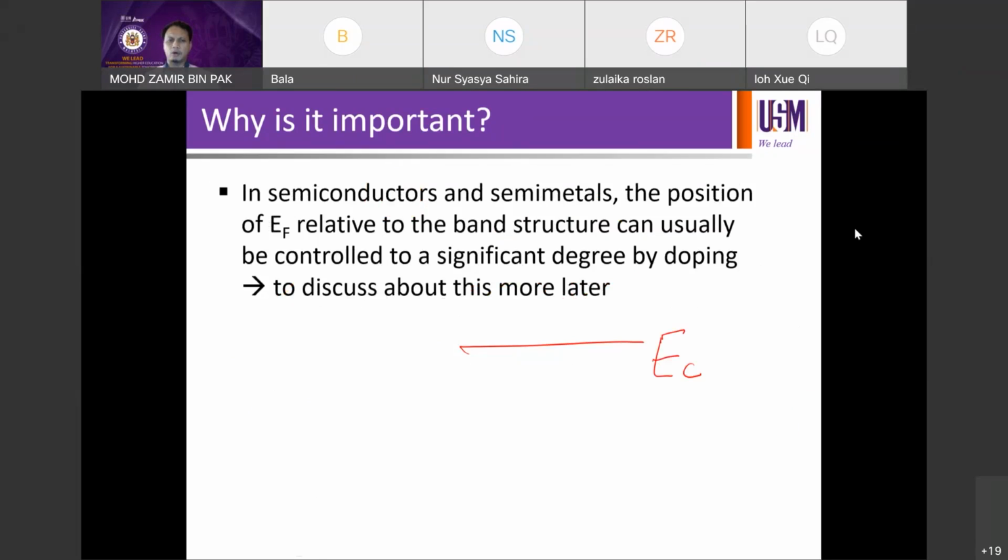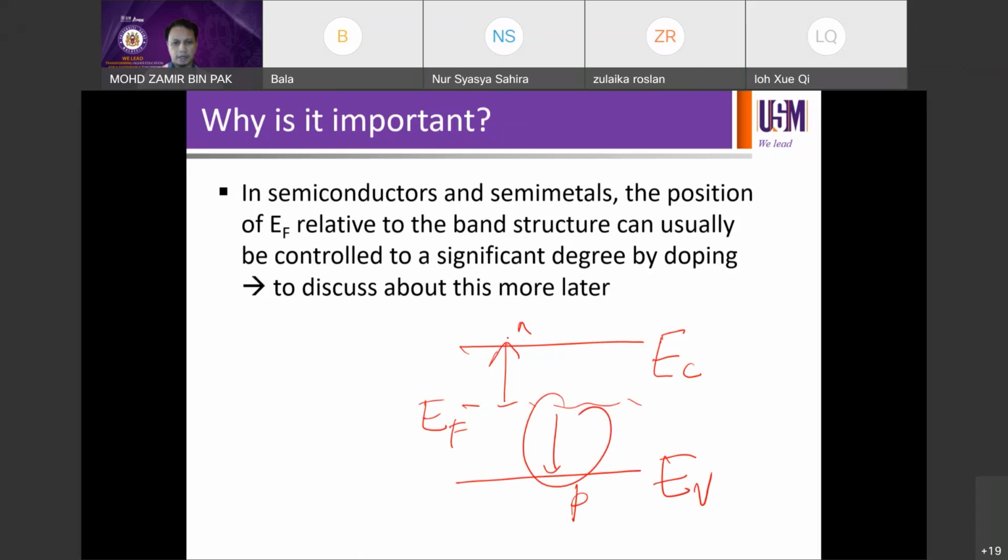You can actually alter the level of EF by altering the conductivity of your semiconductor material. It's going up for N-type, it's coming down for P-type. So this movement, either upward or downward, is an act of altering the conductivity of the semiconductor material by doping, right?